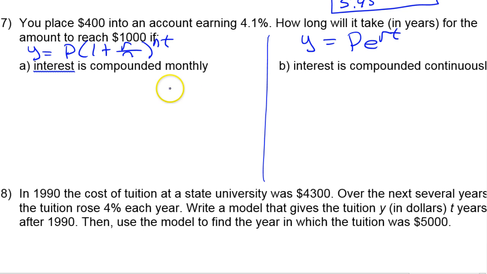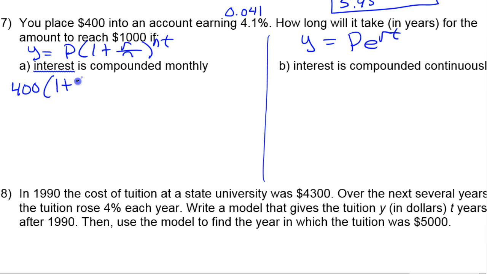So now that we know which formula to use, let's substitute in all the numbers that we have. We know the initial amount, P, so that's going to be 400. So I'm doing 1 plus the rate, 4.1, so what am I going to put? 0.041.